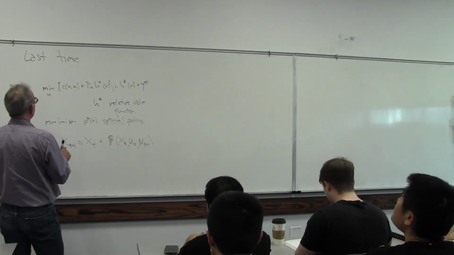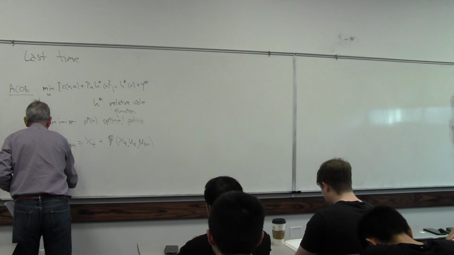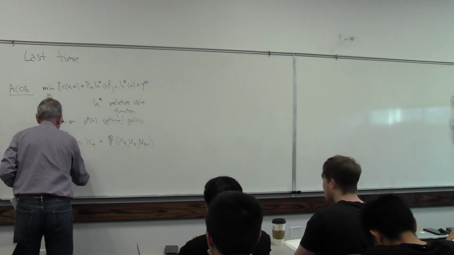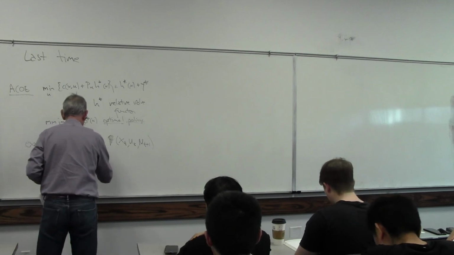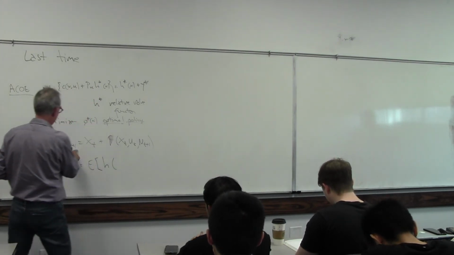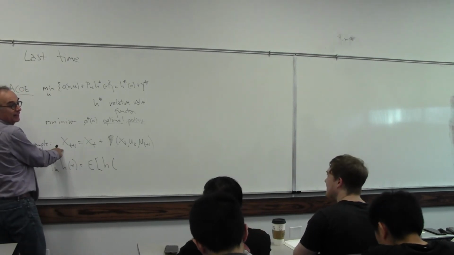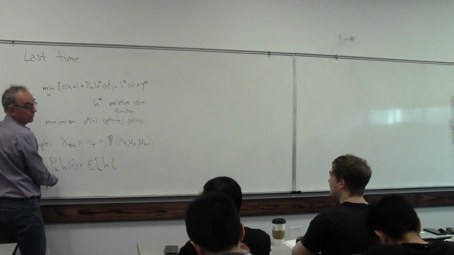Just to get rid of the mystery, what I mean by P_u h of x is nothing but taking the expectation of h of the right-hand side, right? But I'm just saying X_t is x and U_t is u.